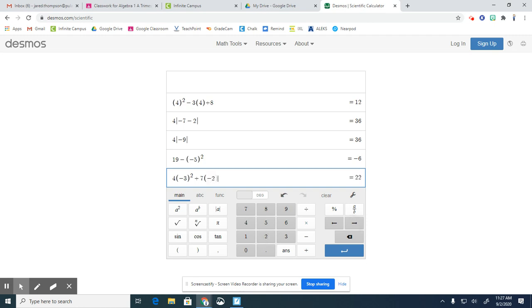Now, in order to get the cubed, if you're using Desmos, you don't hit this one that already has a squared. You want to hit this one that says a to the b, because that will let you put in whatever exponent you want. You hit enter, you get negative 20. Alright?